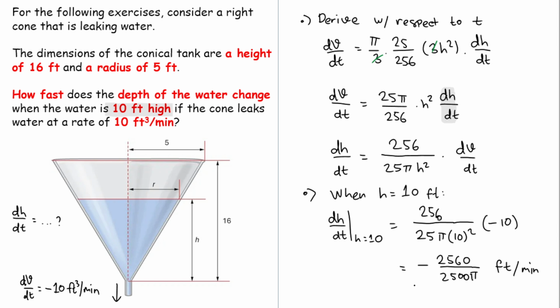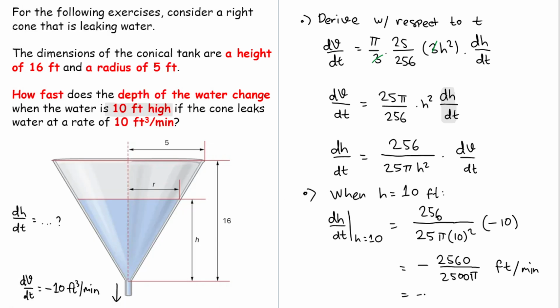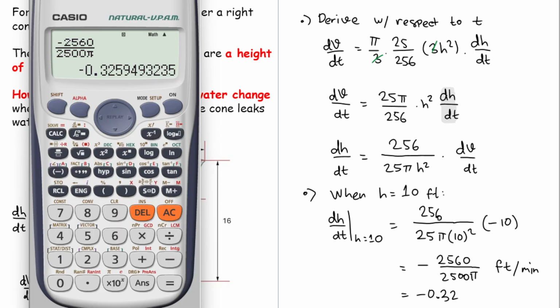But let's just use a calculator to get the numerical value. Okay, so we will have minus 2,560 over 2,500 multiplied by pi. And we will have minus 0.326, yeah.